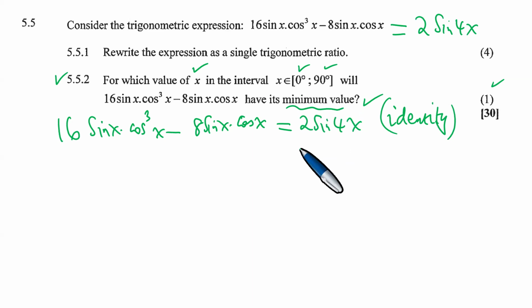You get the point? So what is the next thing that we need to do here? The examiner is saying, hey students, don't go far, please. We want the minimum between 0 and 90. Positive angles only. No negatives.